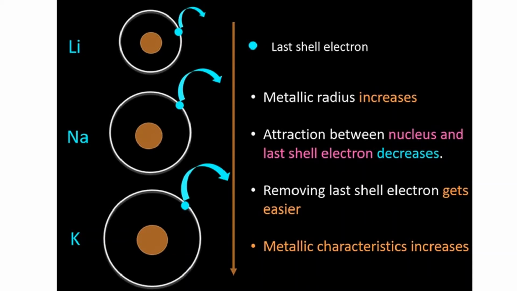It gets weaker because it's further away. So removing the last shell electron gets easier, and also the metallic characteristics increase because of the delocalized electrons.